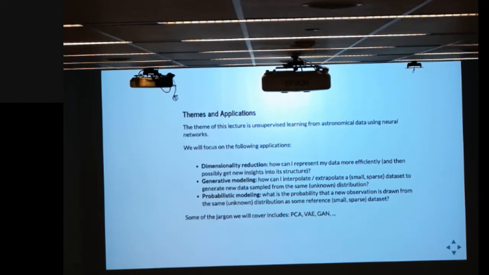In astronomy, our data is often in the form of images or spectra, but it's pretty sparse in terms of the information that's there. So instead of having megapixel images, it can be very useful to come up with some low-dimensional representation that captures the essential features. That's what I mean by dimensionality reduction.